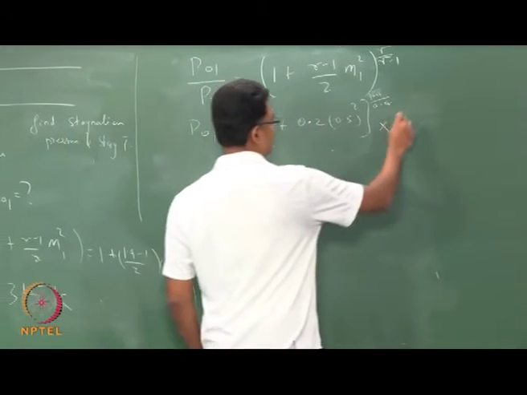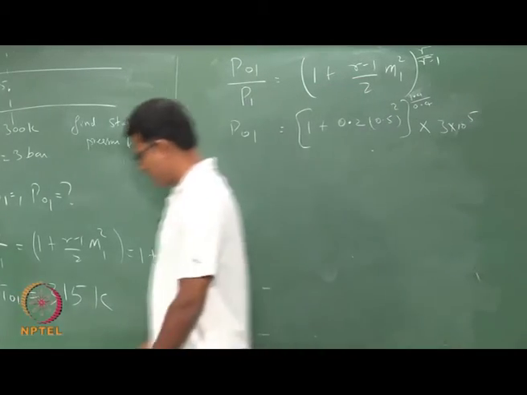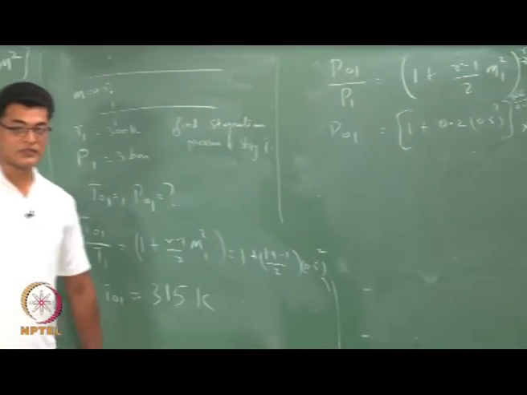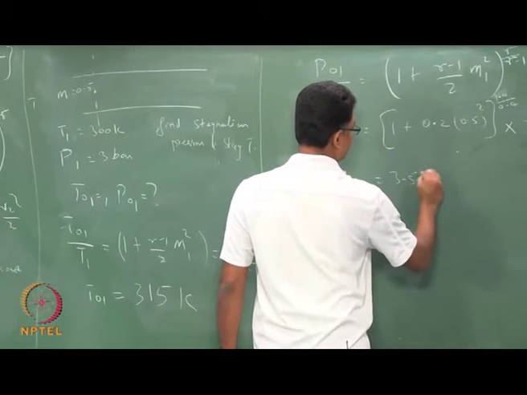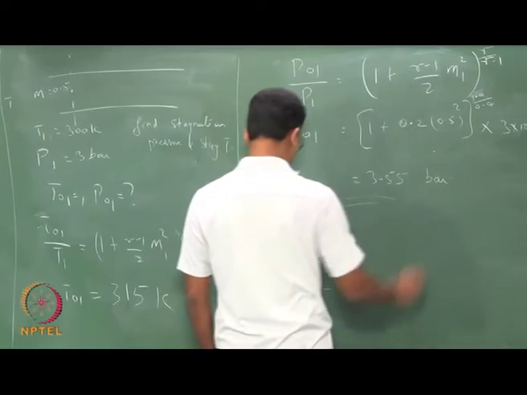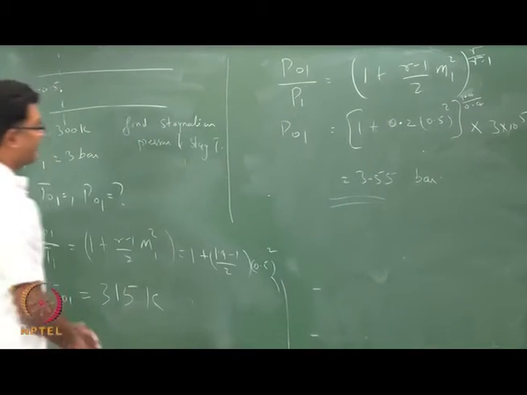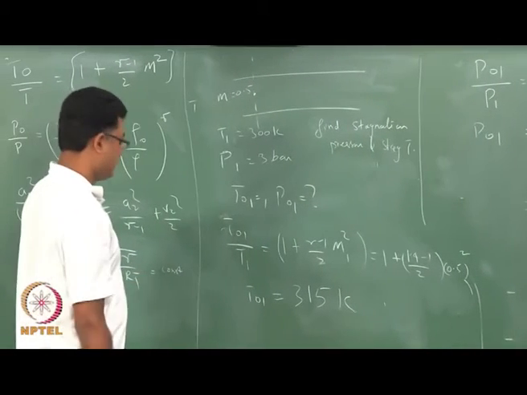So, this would be 3 into 10 power 5 Newton per meter square, or 3.55 bar. Okay.